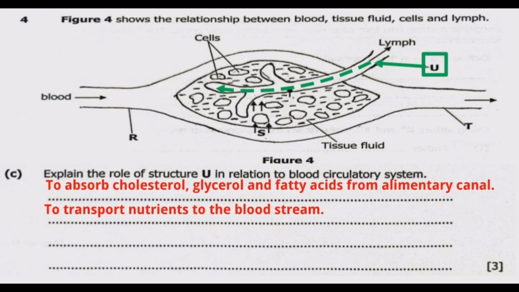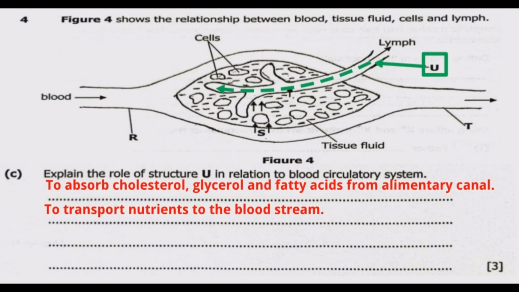Like I said earlier, it absorbs the cholesterol, glycerol and fatty acids. These are important nutrients. Although cholesterol can cause damage, fatty acid is very important. It is carried from the alimentary canal to the bloodstream so that it can reach other parts of the body.